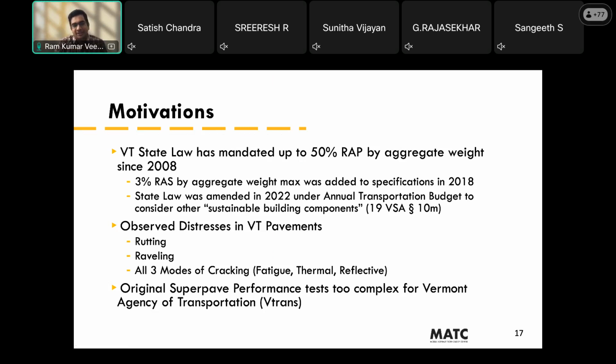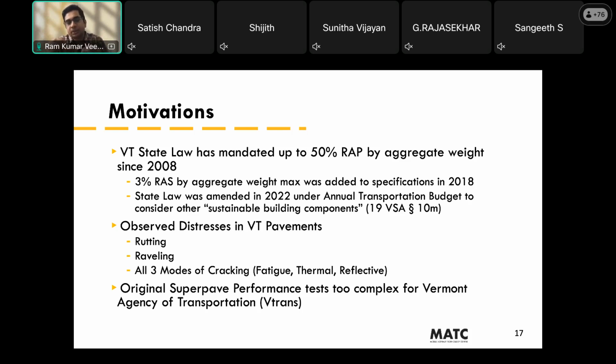And the problem is that even though the state law allows 50% RAP to be used in the asphalt mix, we know the state law is looking into the aspect of sustainability and conserving natural resources. But even though you allow 50% RAP, the maximum RAP allowed by the VTrans agency was 20%.